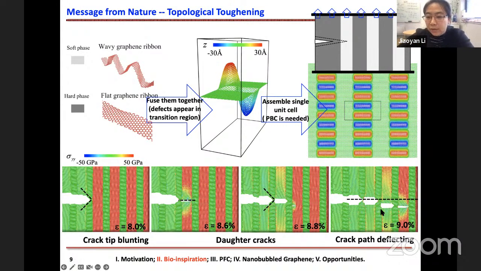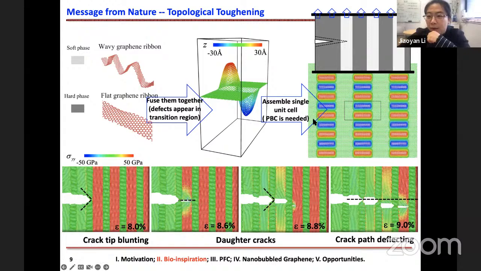And then finally, if we increase the strain up to like 9%, then we see more ductile cracks, and we also see the crack path deviation. I mean, the crack path deviates from the main direction of the original edge crack. So until here, we have mimicked the previous observations as we have seen from the wing of the dragonfly.